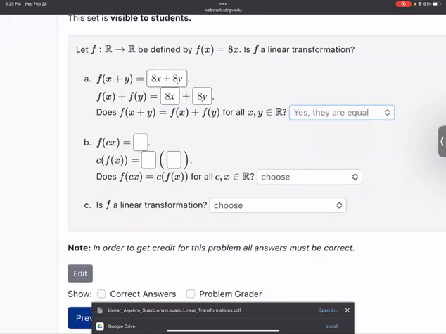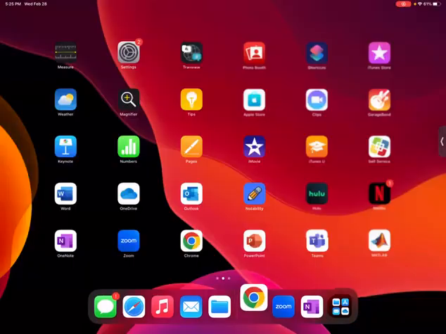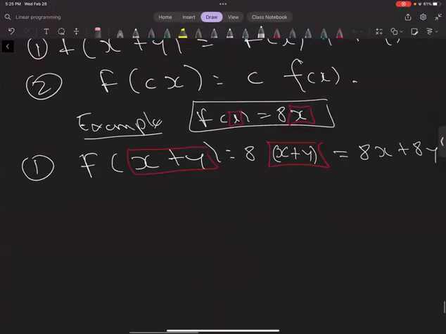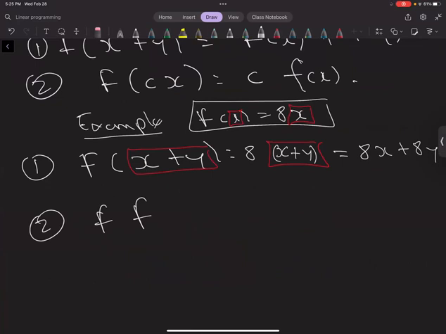The second property, f of cx. So let's do it here. Second property, f of cx, what is it? f of box is A times the box, so Acx, correct.